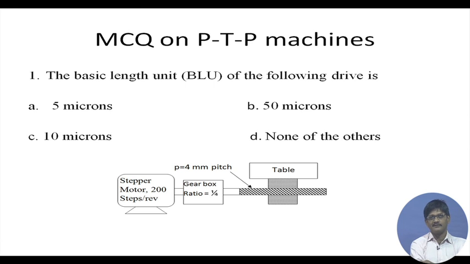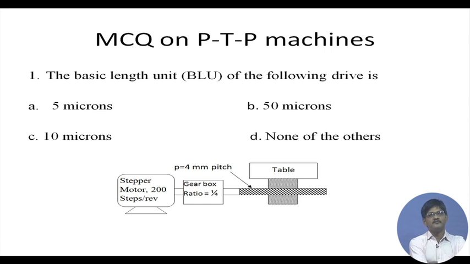So, 4 revolutions of the stepper motor shaft will be 800 steps. 800 steps are rotating the lead screw once, and 800 steps therefore will give rise to 4 millimeters of movement, assuming that the lead screw has a single start.